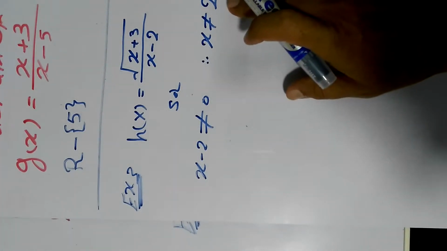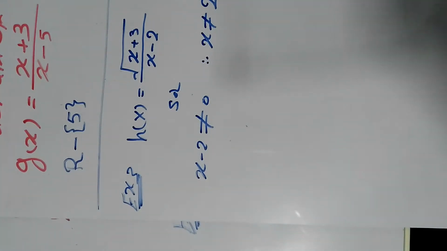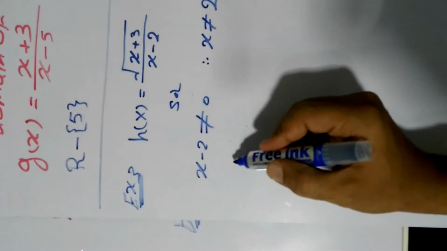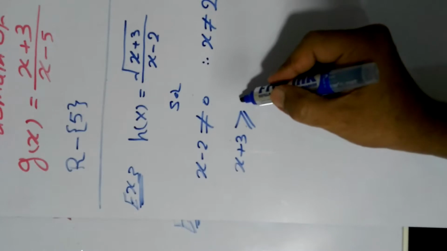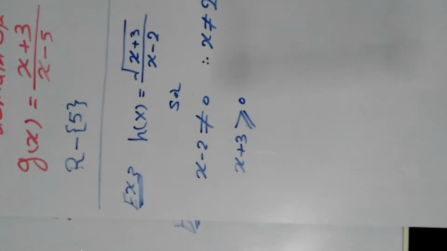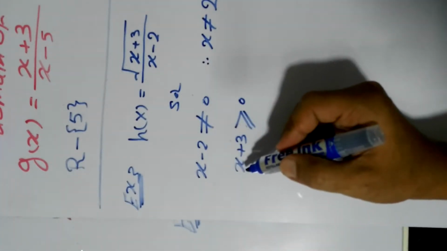So I know now that 2 is out of my domain, can't be in the domain. By looking at the top, I know that x plus 3 must be greater than or equal to 0. And this is a first degree inequality.